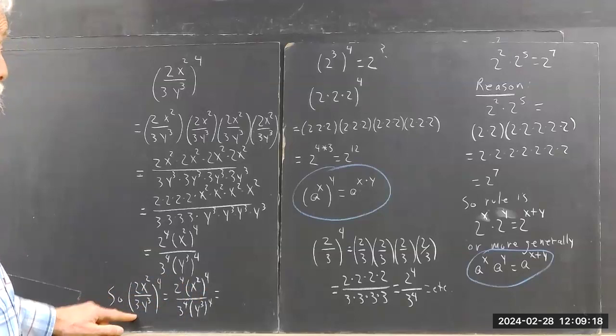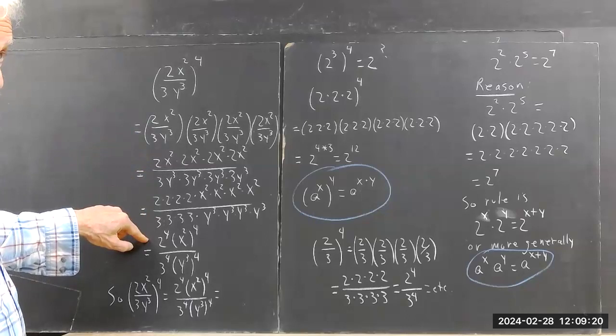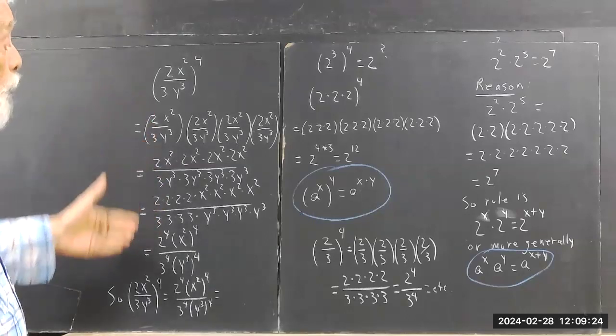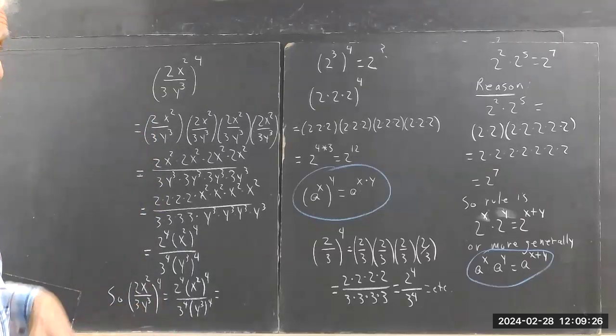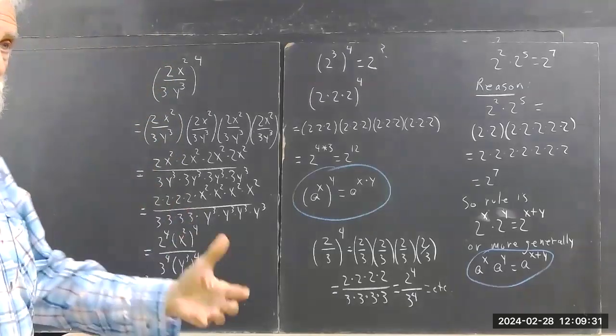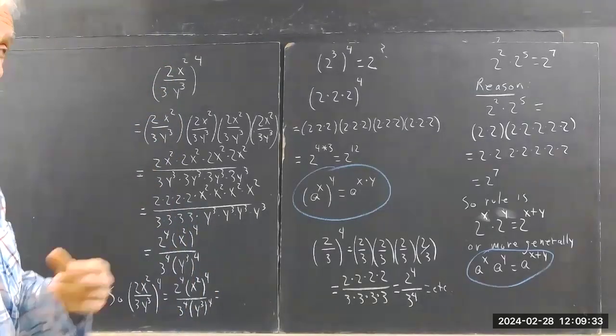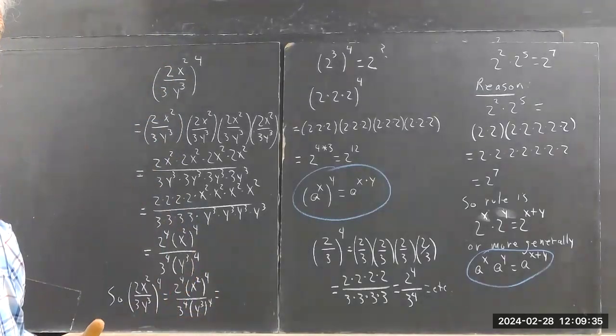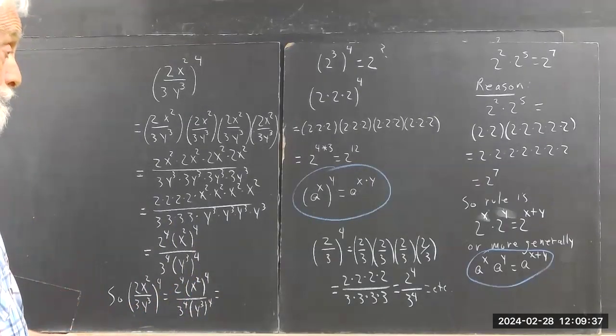And if we ever forget the rule, we can reason it out. We want to think about why the rule works. Every time we do this, we want to think, okay, if I wanted to write this out, how would I write it out and show that it works? That way the rule sticks with you. And you can always test.